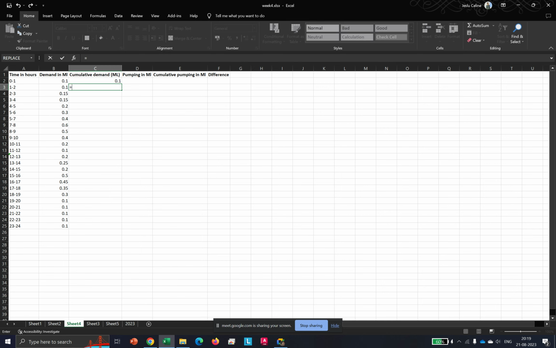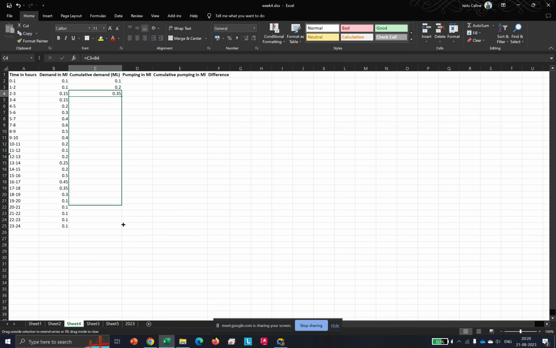In the second one it would be this one plus this, right? Third one again, so I just need to pull this down, which means the previous value plus the next value. Now if I pull it down to the bottom, I'm getting all the cumulative demand.